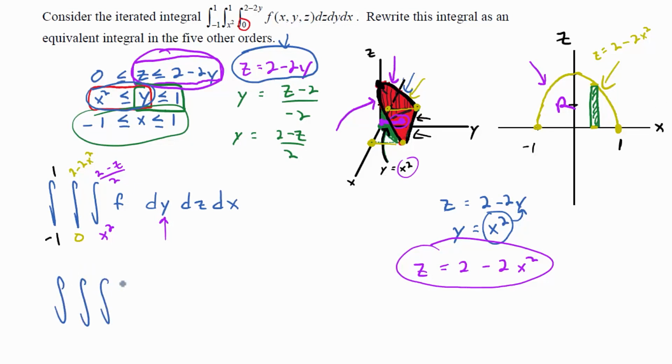If you keep dy first, but then make it dx, dz, you just switch to not vertical rectangles, but horizontal. But that means you have to solve this for this. You actually have to get two different equations.